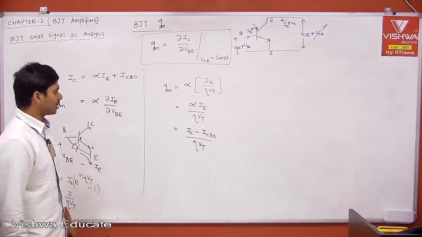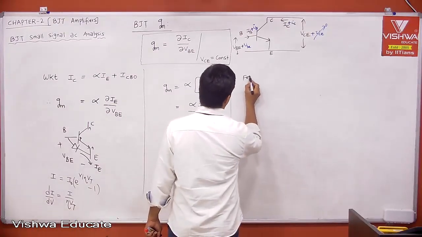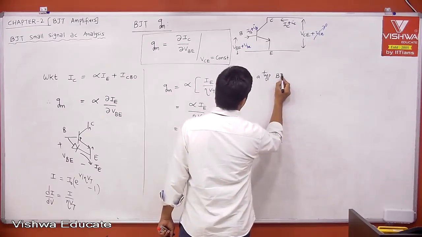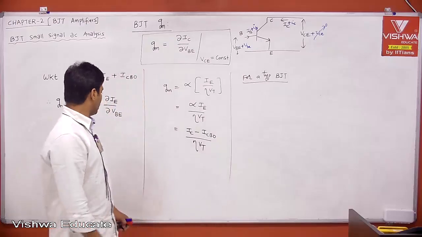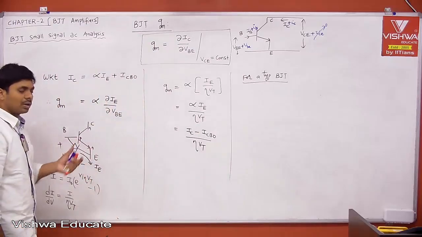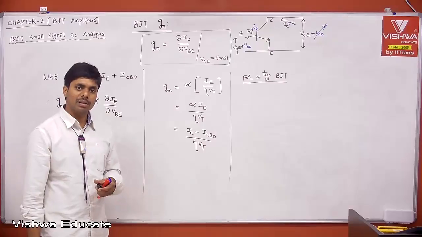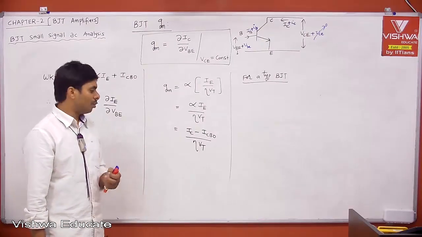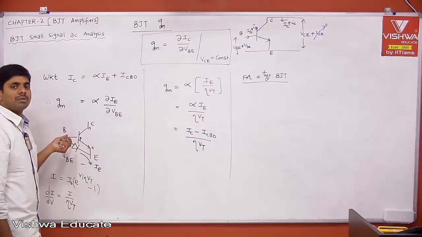But for a typical transistor, a typical BJT, because your emitter is heavily doped, that's what I told, right? When the emitter is heavily doped, the body resistance of the emitter is very less. The voltage drop in the body can be neglected, then whatever voltage you are applying externally will be coming to the junction, because the base width is also very small.